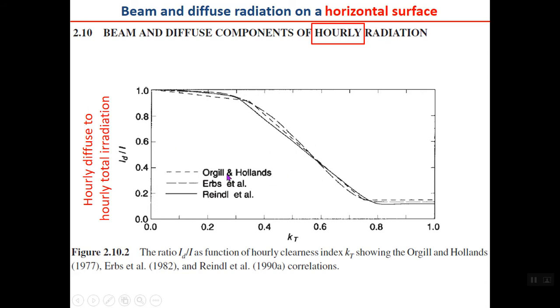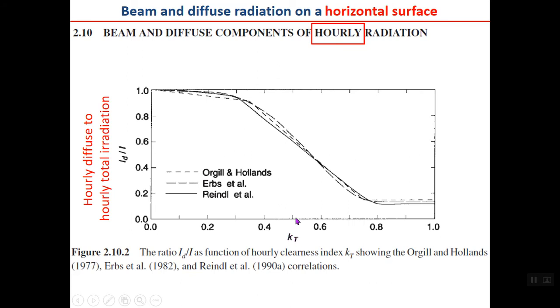Here you can see some of the correlations which exist for calculating the ratio of diffuse to total irradiation. As you can see, to calculate the ratio, you need the clearness index value. This is the italic k, so this is the hourly clearness index.